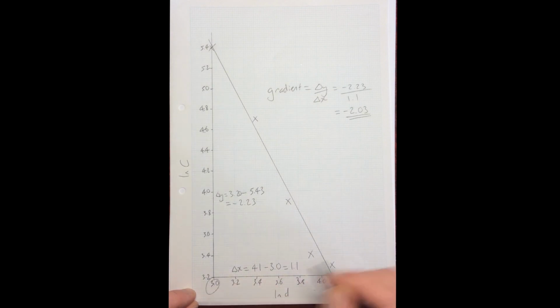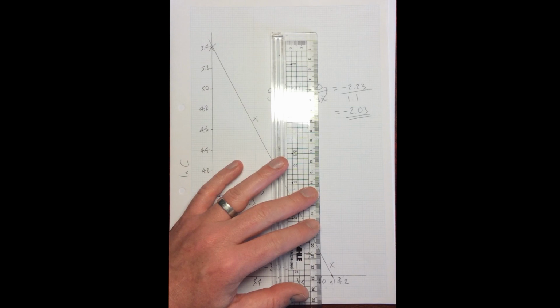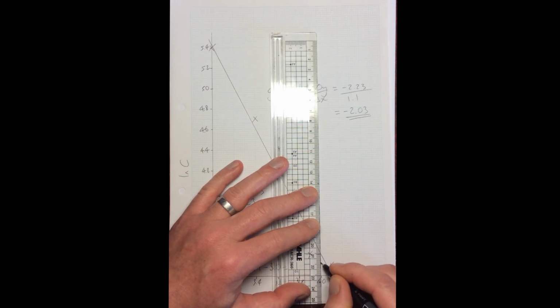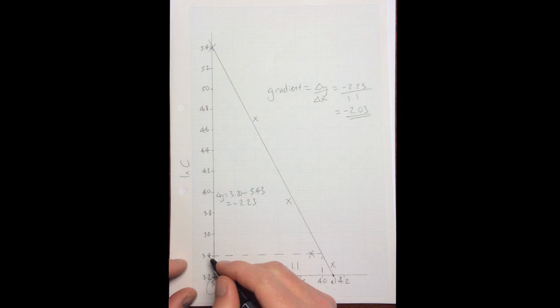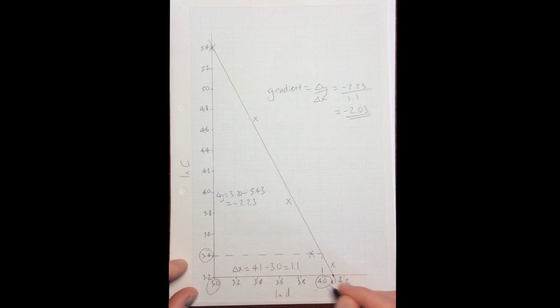So to work out our intercept, we need to take some values from our graph, and I'm going to pick a point here. I'm drawing across from my y-axis to the line of best fit, and then drawing down to my x-axis. What you can see is when the value on the y-axis is 3.4, the value on the x-axis is 4.